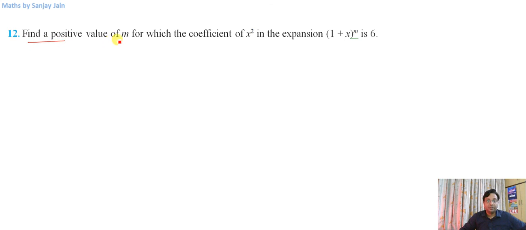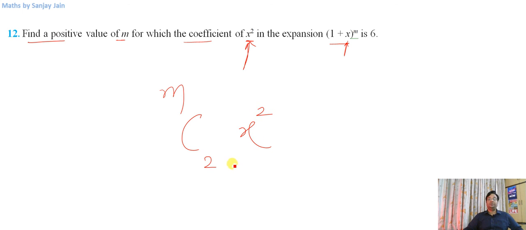Find a positive value of m for which the coefficient of x squared in this expansion is 6. So coefficient of x squared, when do I have x squared here? When I have mc2, right, x squared. This will be one of the terms in this expansion. I need to find the positive value of m for which this coefficient is 6.